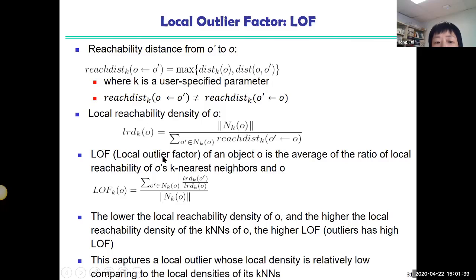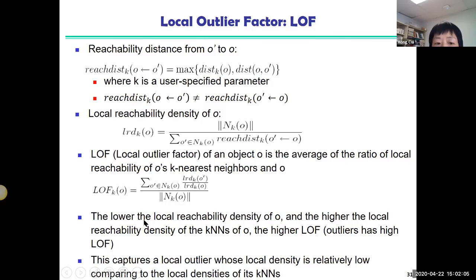So then we can define the local outlier factor. What we do is, again, normalize: for O, we look at O's local reachability density and compare it to its neighbors'. We sum this up and normalize it.